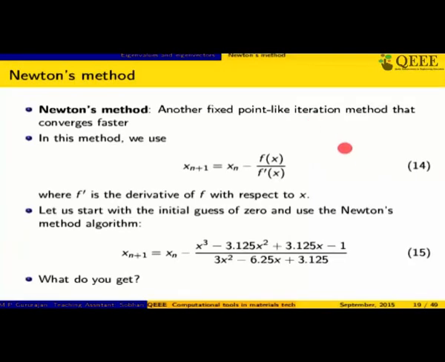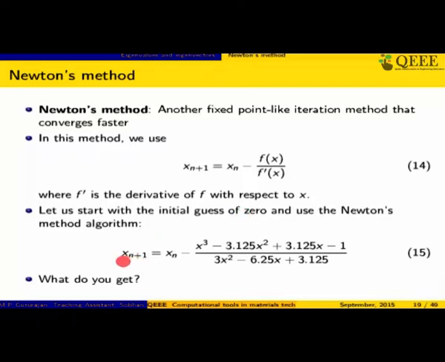So there is a method which is known as Newton's method. This is also a fixed point iteration like method, and it converges fast, okay. In this method, we write it in the form x_{n+1} is equal to x_n minus the polynomial divided by the derivative of the polynomial with respect to the quantity, okay. So let us start with the initial guess of 0, and let's use Newton's method for our polynomial.